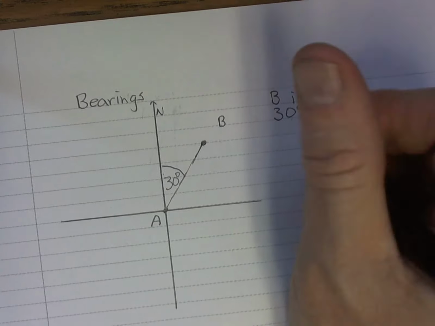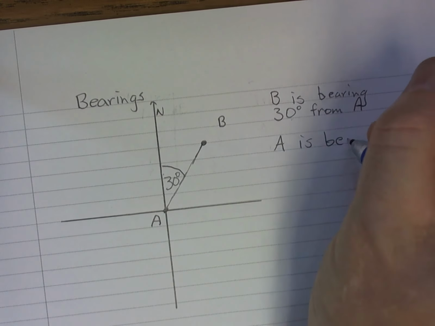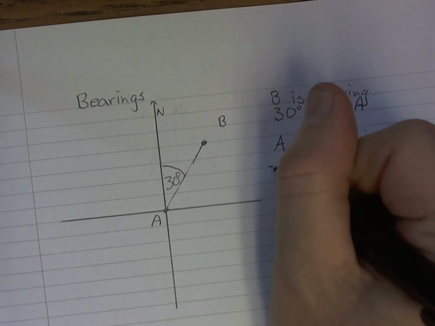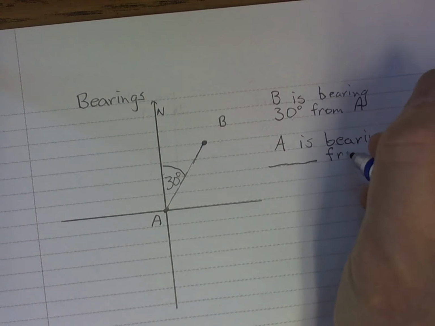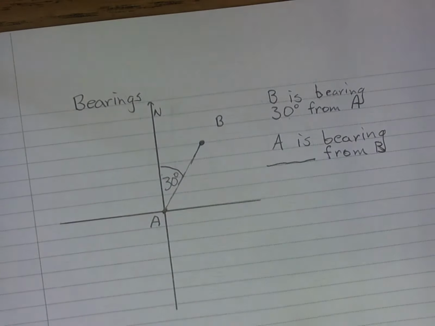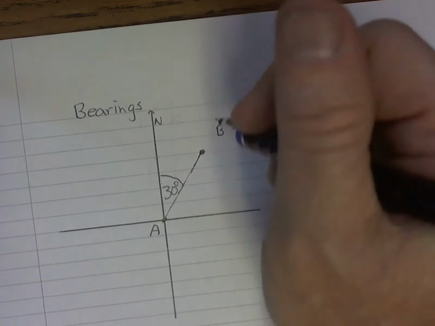Now let's turn it around and say that A is bearing blank from B. So I've got to find the bearing. Here's what I'm going to do.